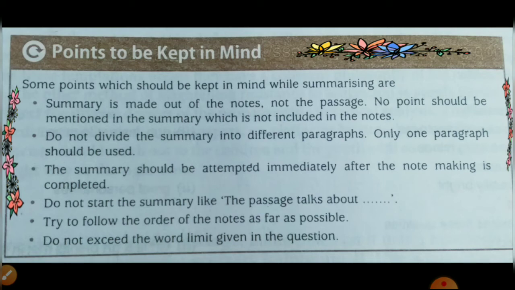That means you cannot write any extra thing other than the phrases you have used in the notes. Do not divide the summary into different paragraphs. I have already said, children, that summary means only one paragraph. The summary should be attempted immediately after the note making is completed. Actually, this is a group only. This is a way of writing.